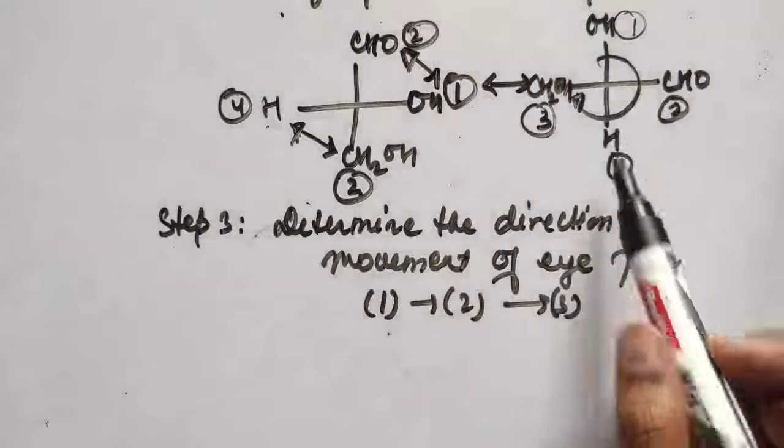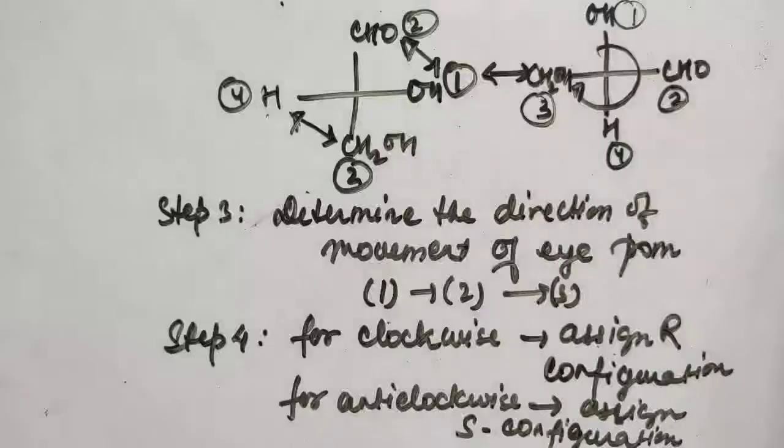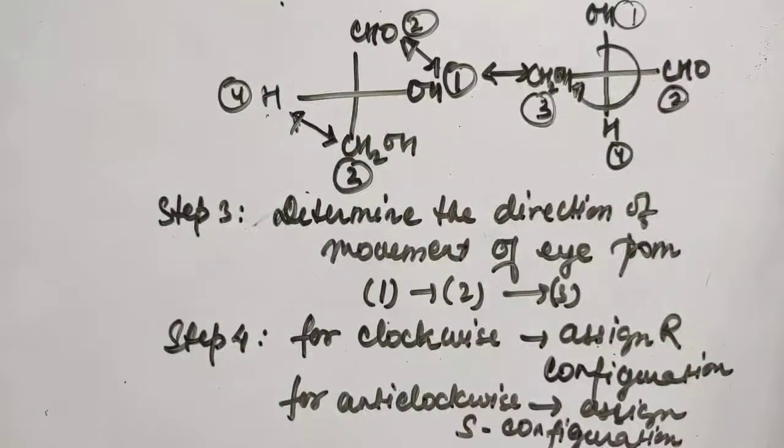That means here it is clockwise. So for clockwise, here we have to give it R configuration. So the next step is, for clockwise, you have to assign R configuration, and if the movement of our eye is in anti-clockwise direction, we have to assign it as S configuration. Likewise, the R and S configurations are given to Fischer projections. That's all for today.